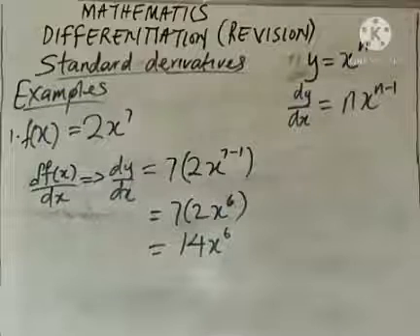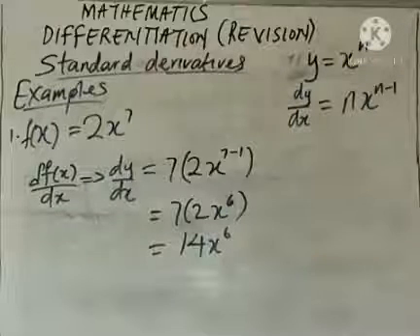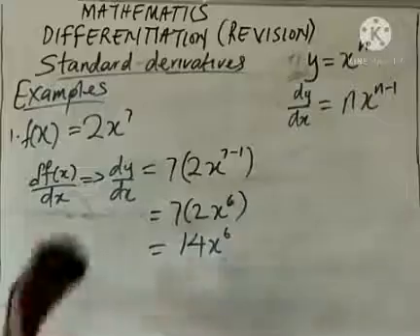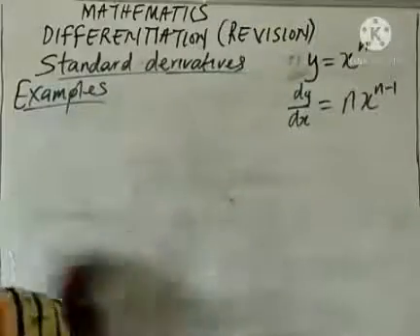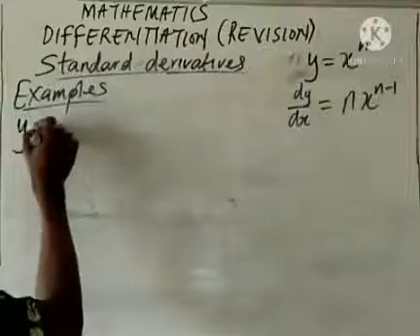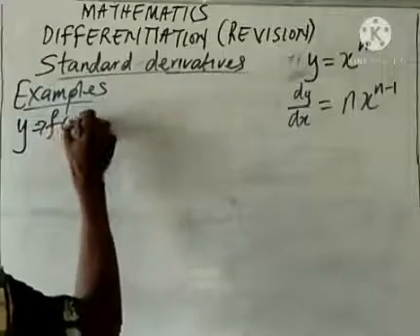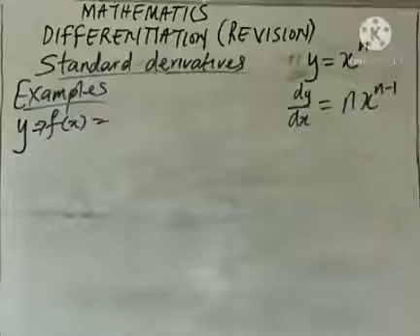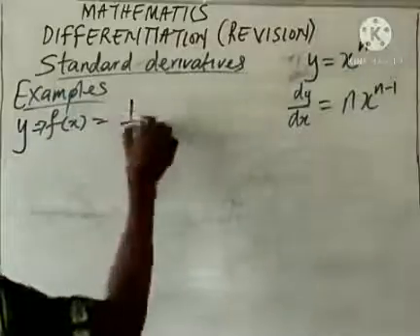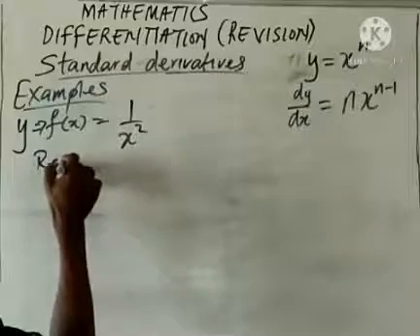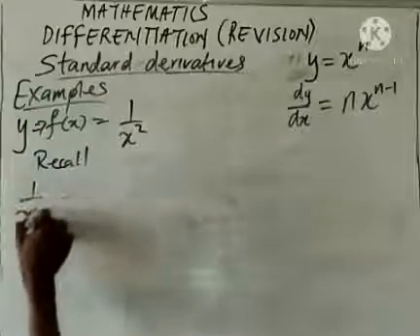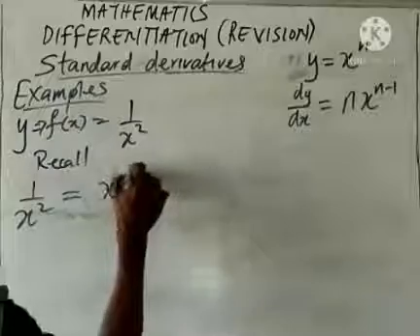Let's go to more questions to consider. If I have something like, if my y, being the f of x, is given as 1 over x raised to power 2. Recall from the law of indices that 1 over x raised to power 2 is taken as x raised to power minus 2.